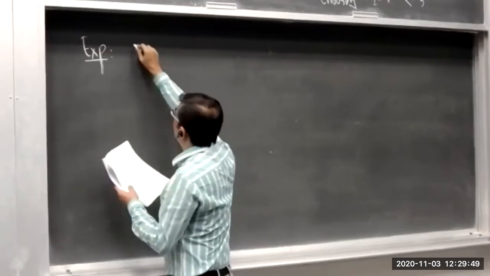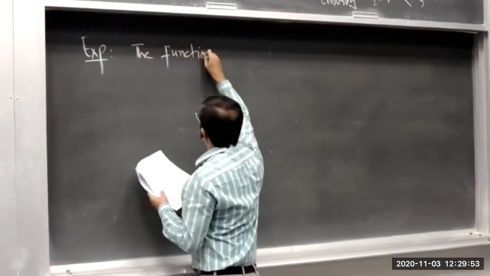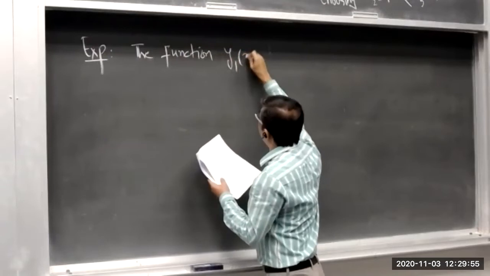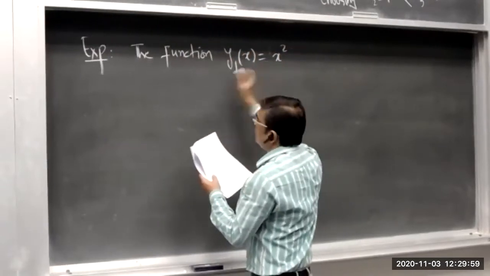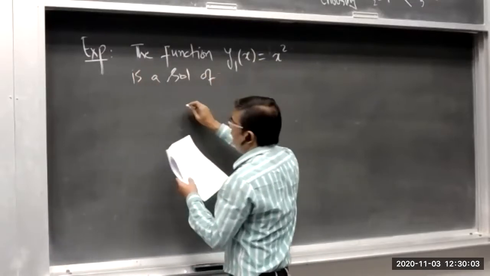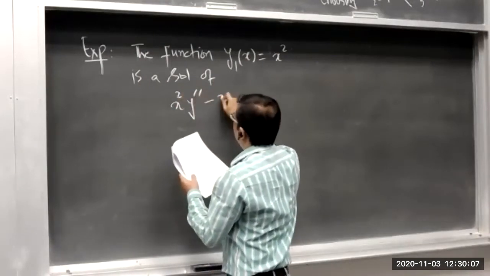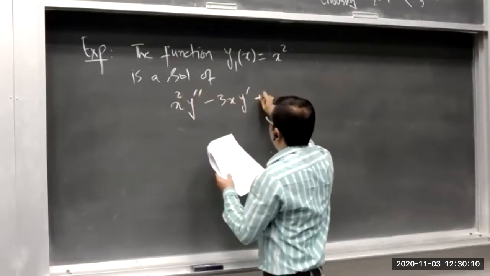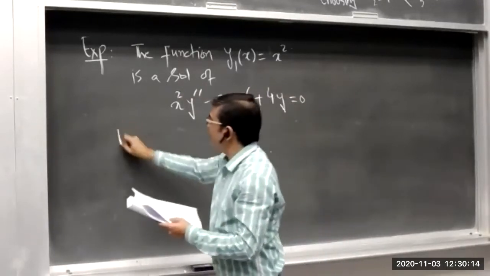The function y1 of x is equal to x square is a solution of the following ODE: x square y double dash minus 3x y dash plus 4y equal to 0. Find the general solution.